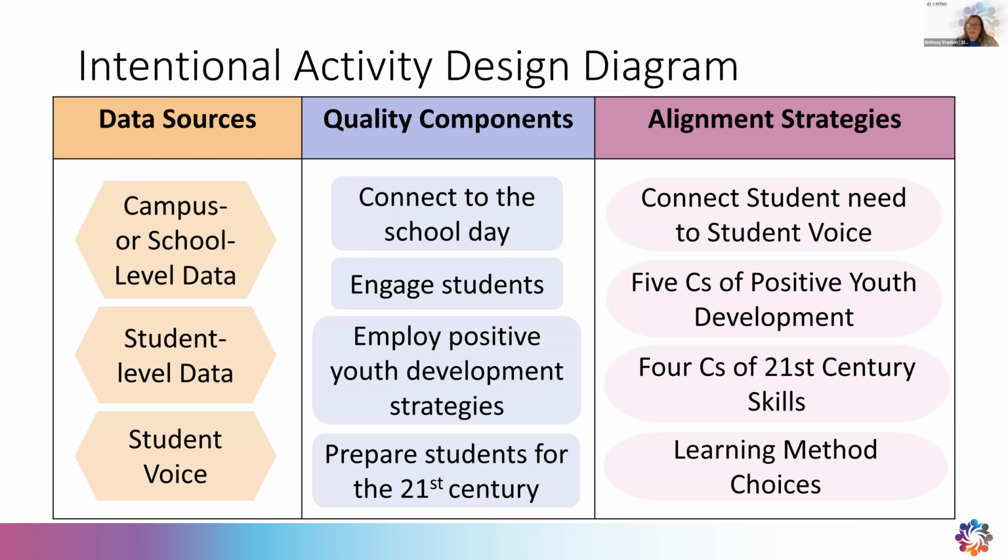And if you're not familiar with that term, we'll highlight a little bit about that for you. But you can find lots of information. Check out the NTAC website, check out online resources around positive youth development.